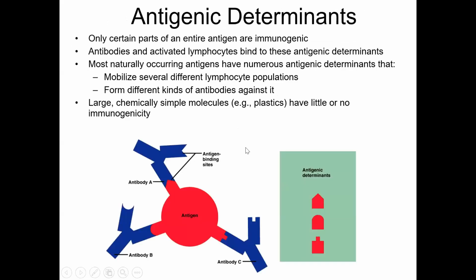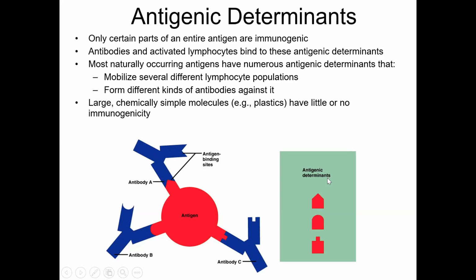If you look at an antigen, a lot of times it's not the whole cell that causes the problem. It's the molecule-specific parts on the surface of the cell that can cause immune responses. These specific parts are called antigenic determinants.